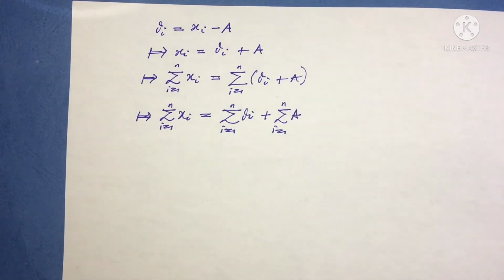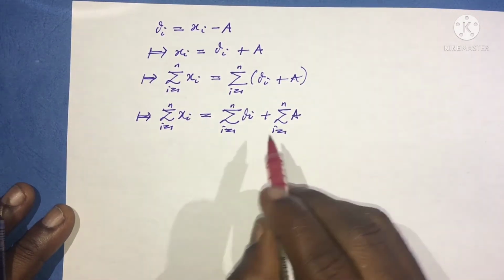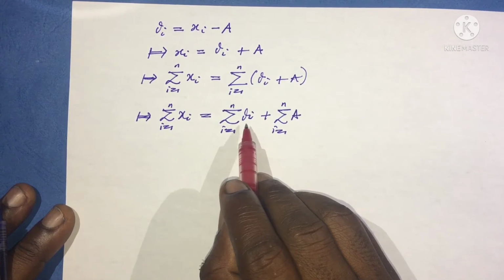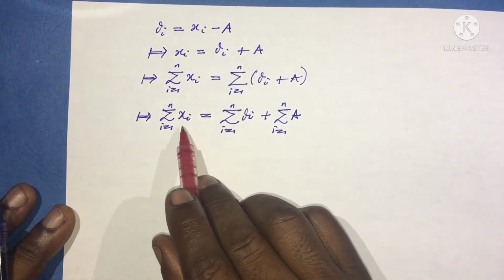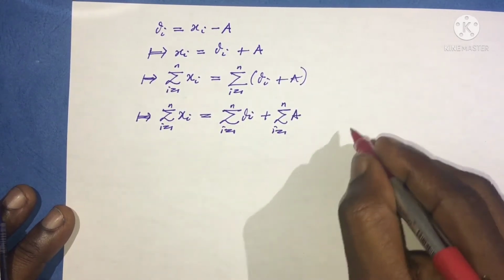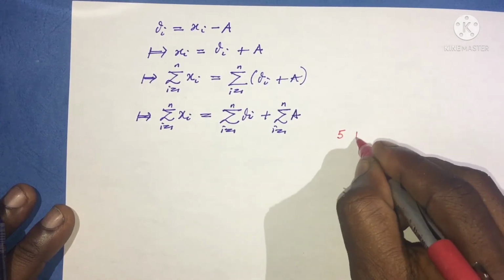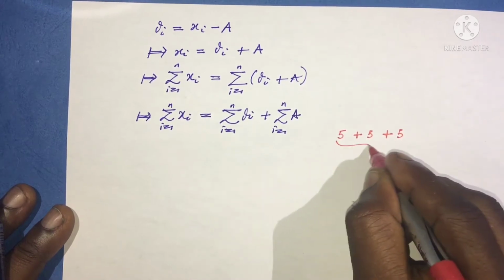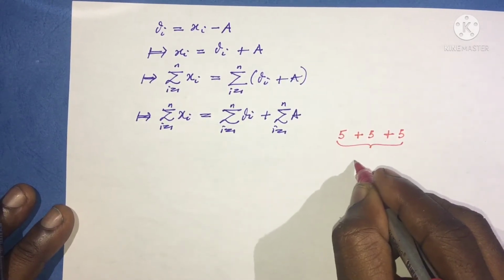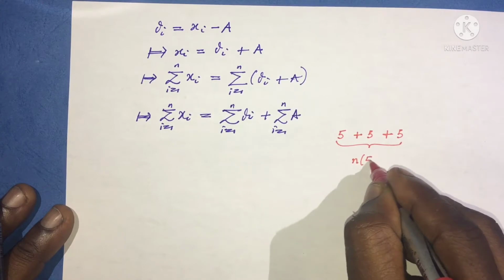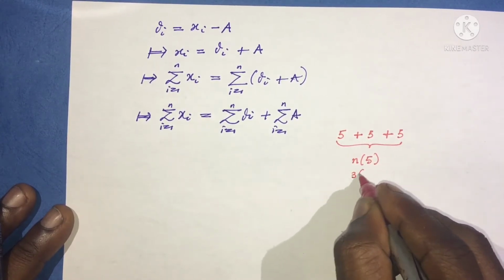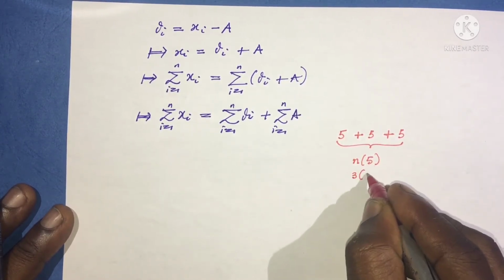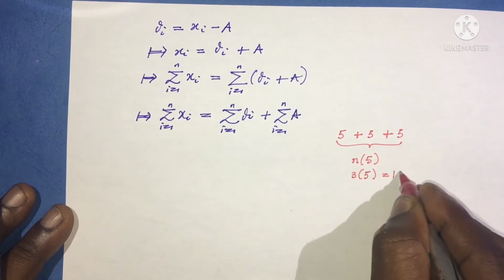Now take note of this. When you sum a constant, a is a constant, di is iterating, xi is iterating. If you add, as an illustration, 5, which is a constant, to itself 3 times, this will give you n times 5. In this case there are 3 fives, so this will be 3 times 5, giving you 15.